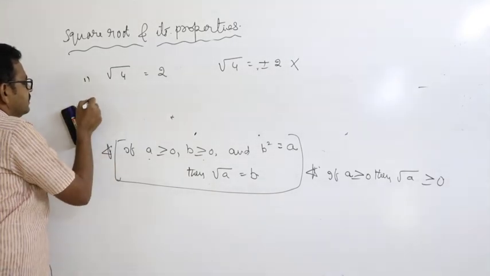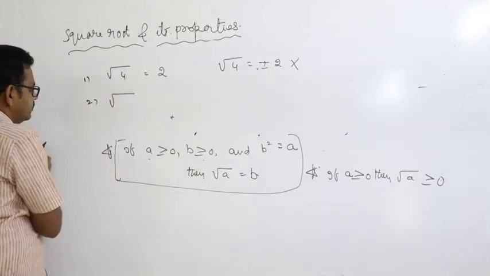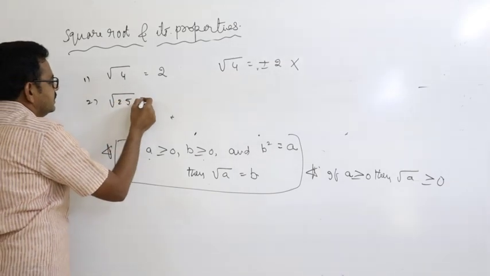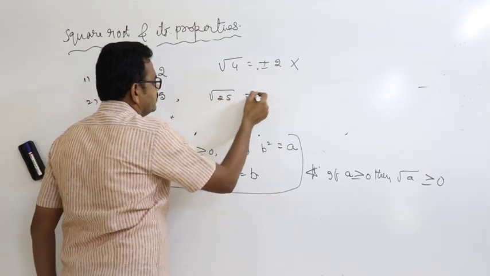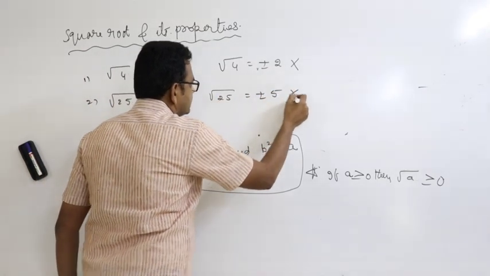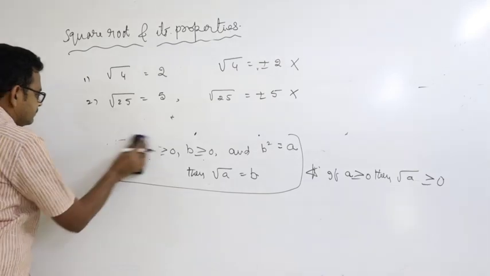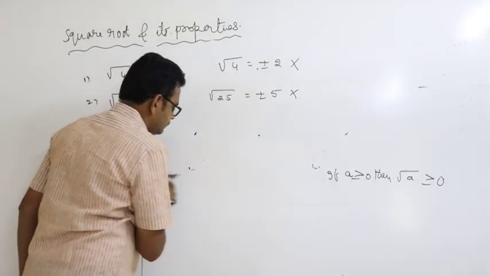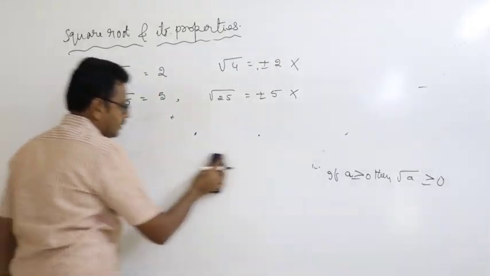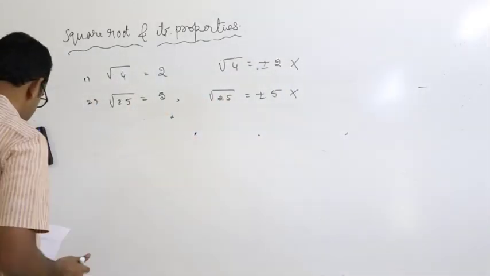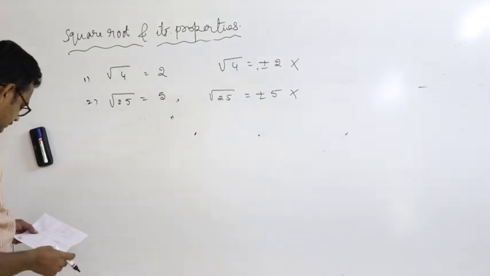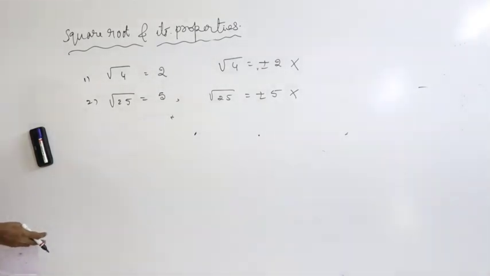Like root of 25 equal to plus or minus 5 is wrong. Root 25 is equal to 5.